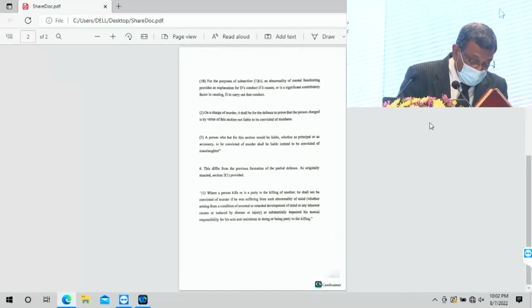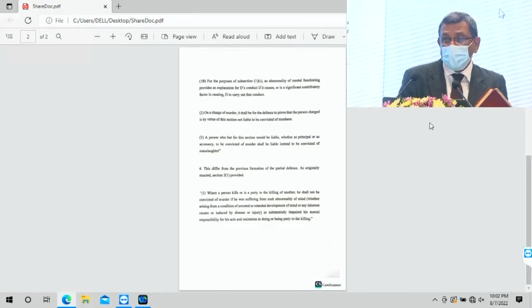Given the judgment of the court, however, Lord Parker, Chief Justice, addressed the question of substantial impairment. This is how Lord Chief Justice of England and Wales has described what substantial impairment means.